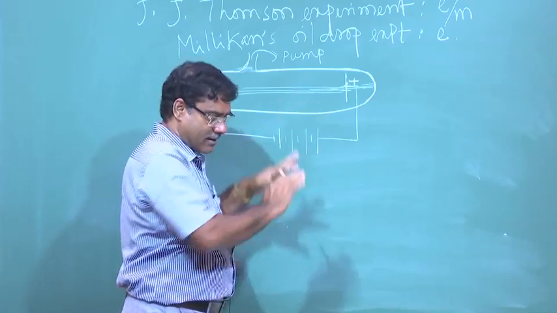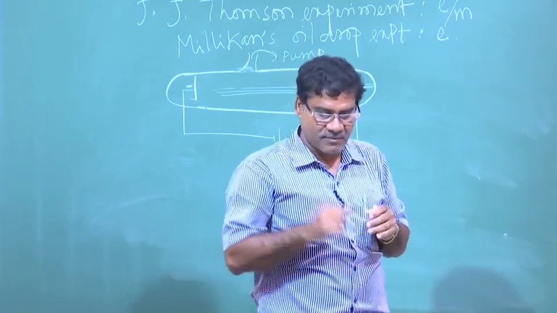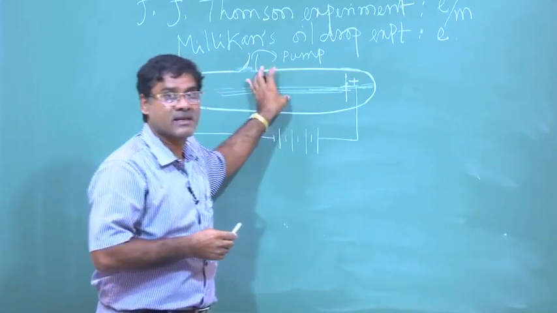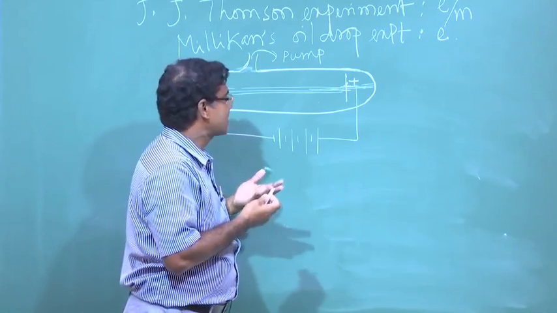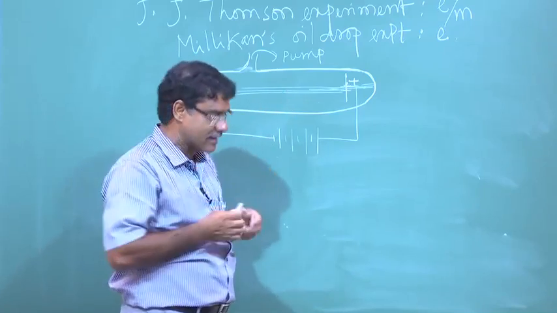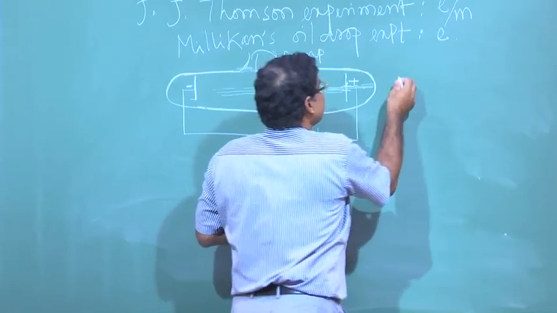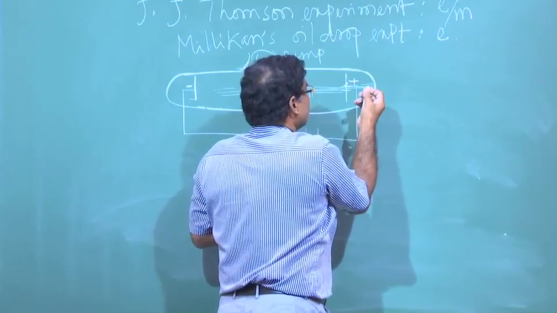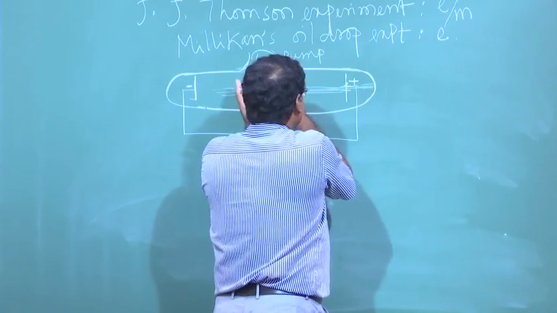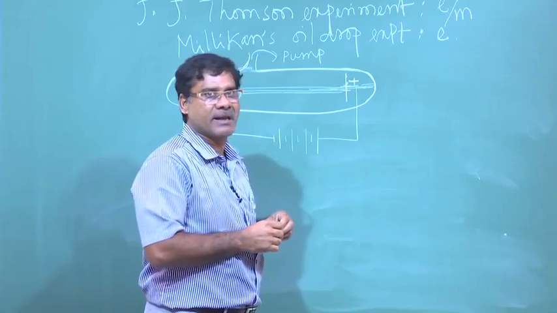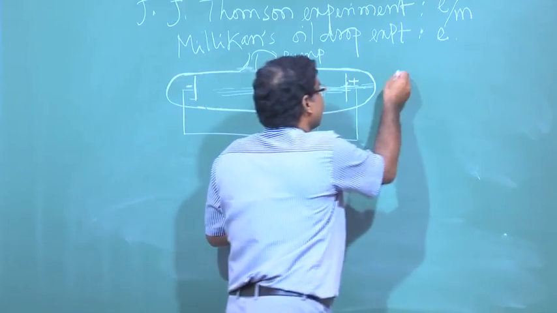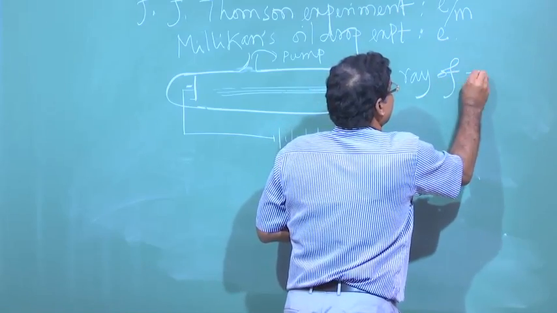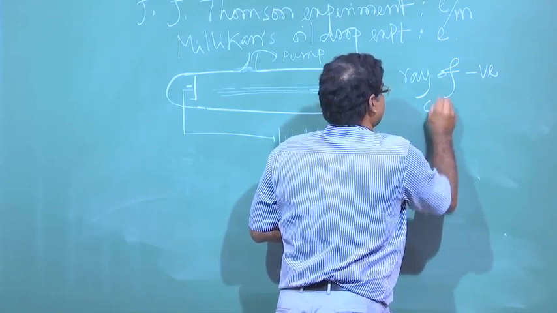After that there were some studies on the nature of this ray, and from that earlier study it was clear that the cathode ray is a ray of negative charge.